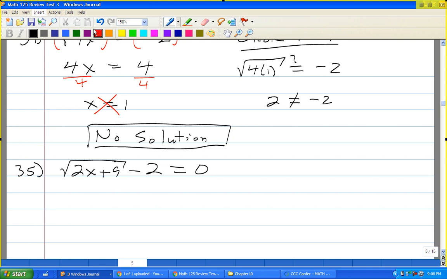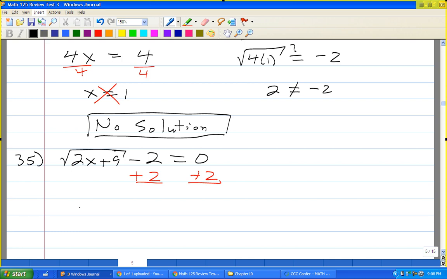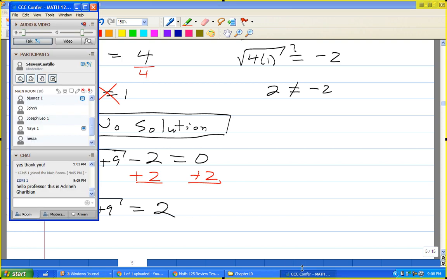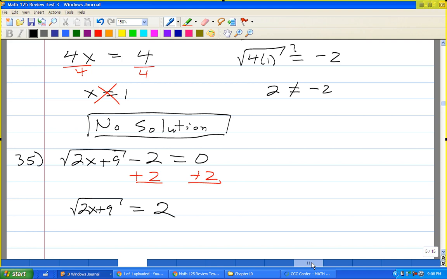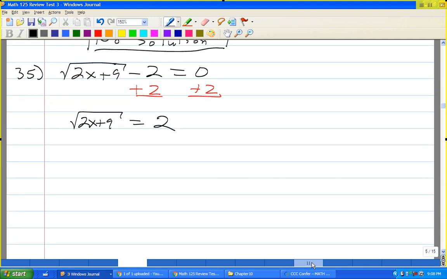If I add 2 to both sides of my equation, you get radical 2x plus 9 equals 2. Let me square both sides of my equation.